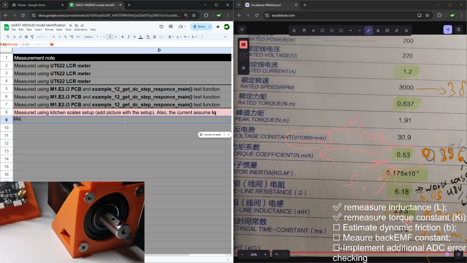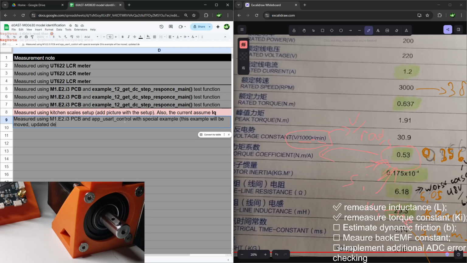Measured using the motor control example with the user control app. This example will be moved.